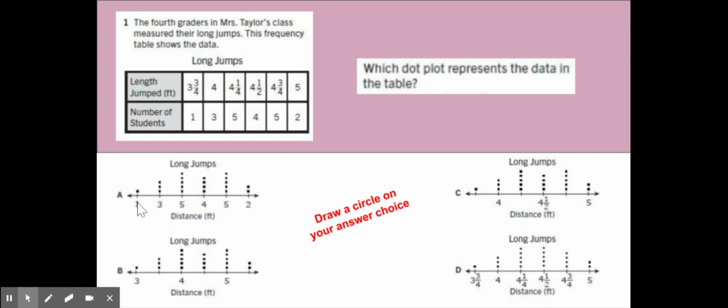Now you notice in A, all they're doing is copying the data from number of students. Well, is that what we're looking at, number of students? We're supposed to be looking at the distance in feet. So what should be labeled is the distance in feet. So we should see these numbers, not the number of students. So this would be actually incorrect.